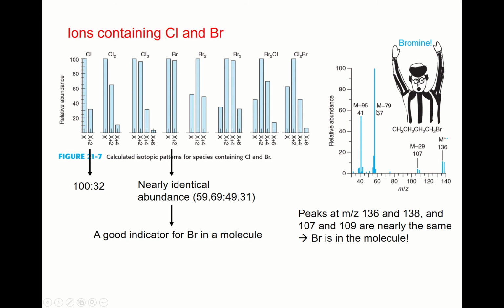This one is 57, and the next one must be 58. There are no decimal points, because up to this point we only considered the nominal mass. Nominal mass means the mass numbers are all integers.